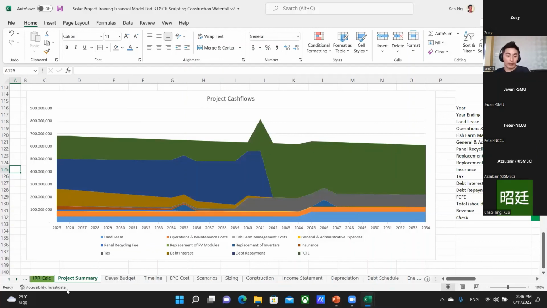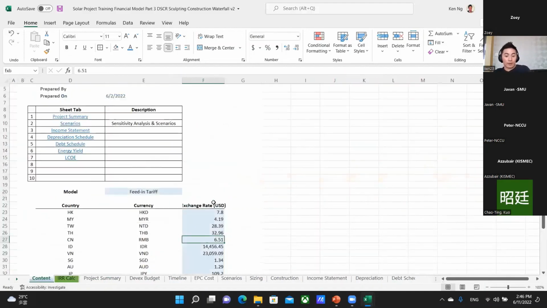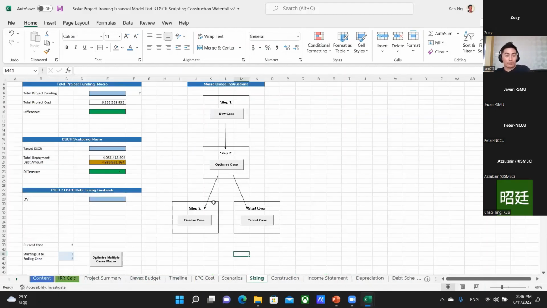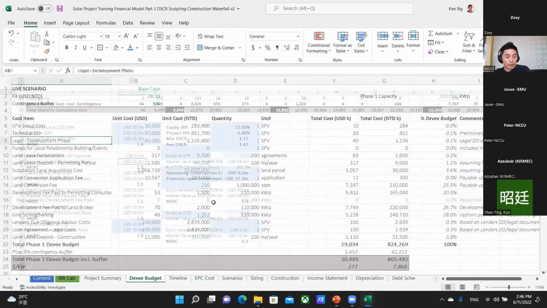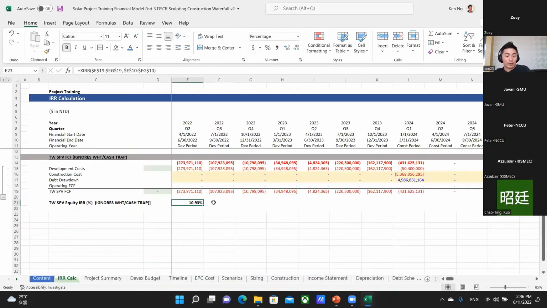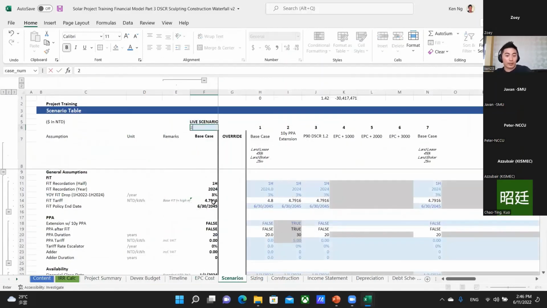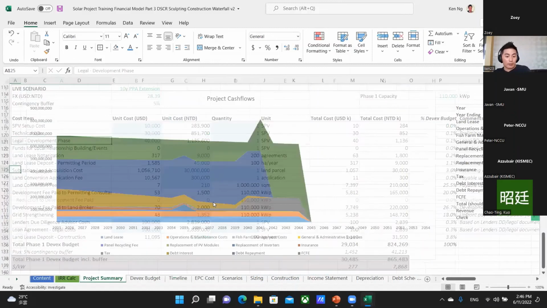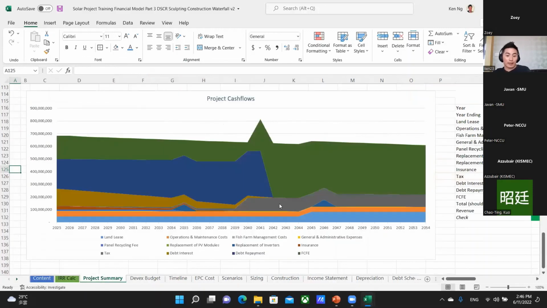And as you can see from our IRR, there's a significant increase in our returns from doing this. So our base case right now is 11% IRR. Now, if we do this 10-year extension case, that IRR goes up to about 12.87%, and that's just from the benefit of extending the life of the project.